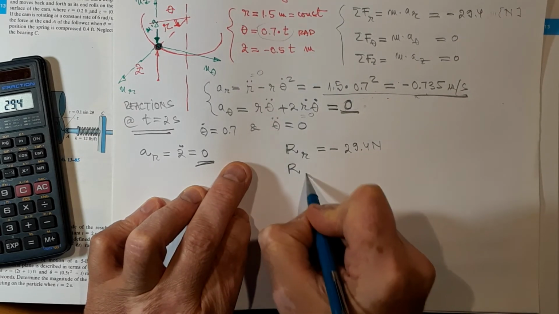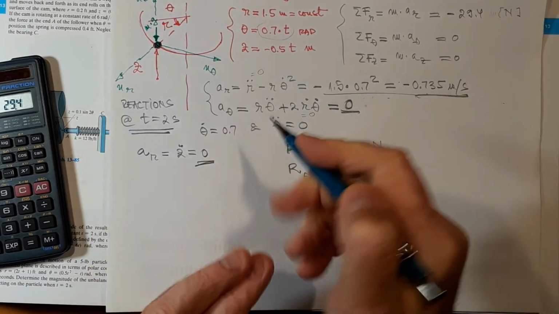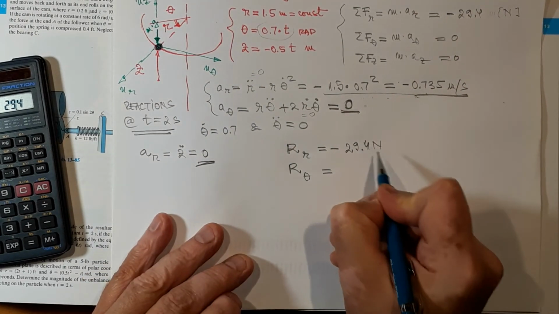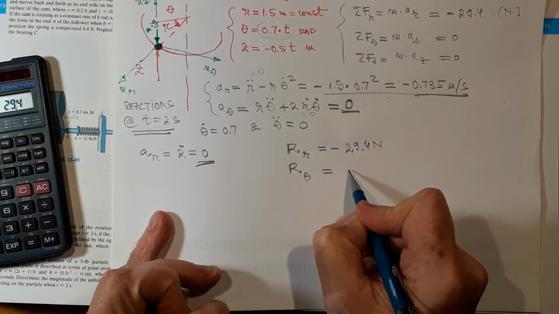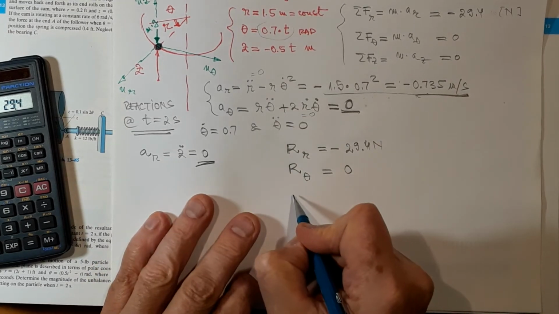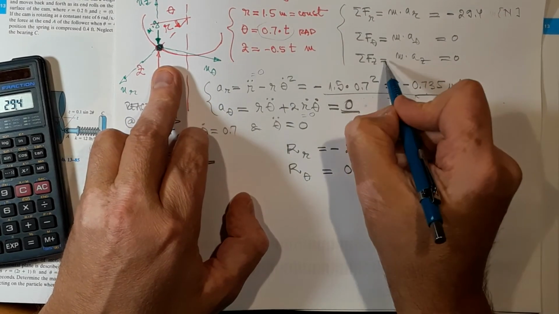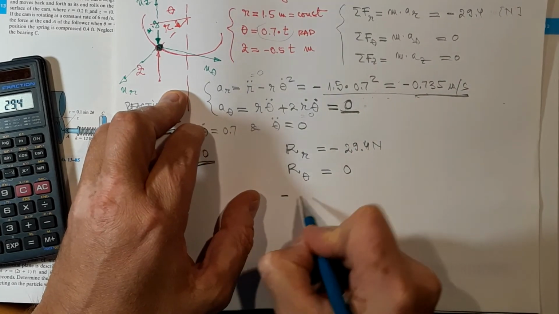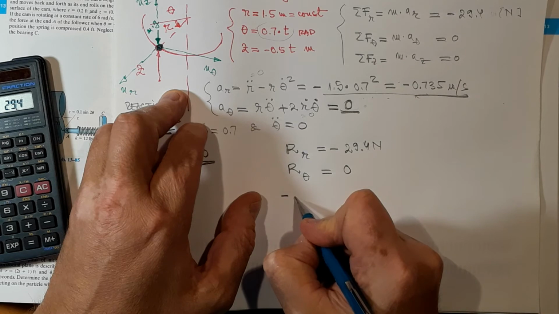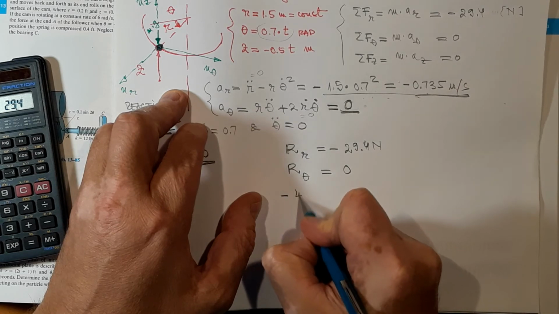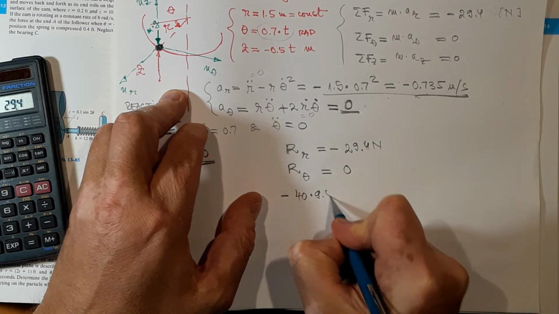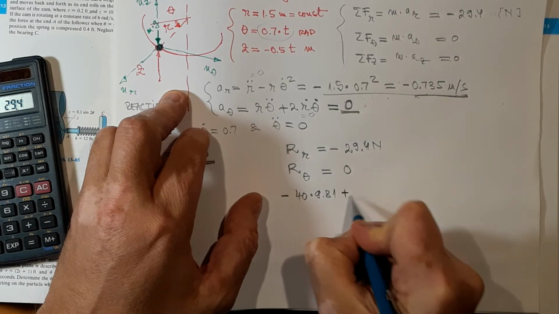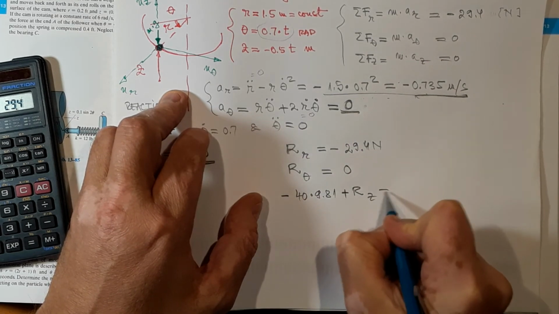Reaction in the theta direction is by itself, there's no other component, and that's going to be 0. And then lastly, for the z-axis, I have negative mass of the boy, 40 times 9.81, plus reaction in the z direction equals 0.